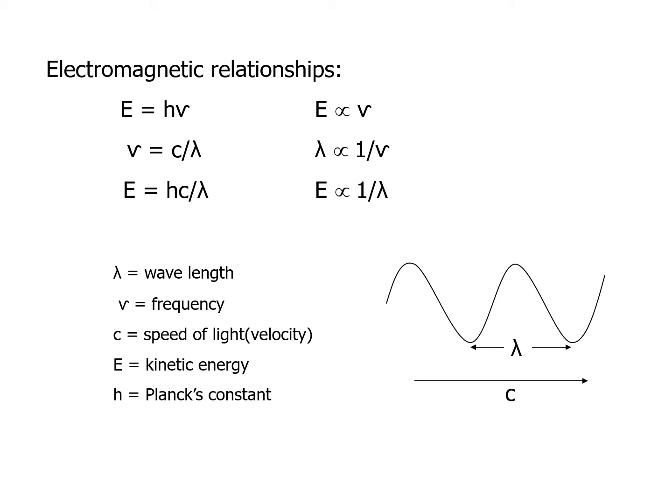If we insert that into the above formula, you can find the kinetic energy is given as Planck's constant times speed of light by wavelength. So the wavelength is simply a distance between two identical waves, whereas the speed, the c, is the velocity of the light passing at a time unit.